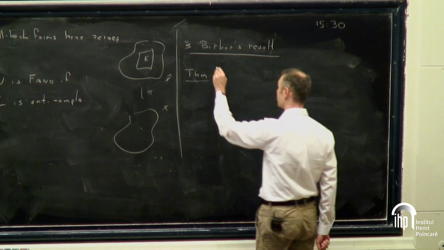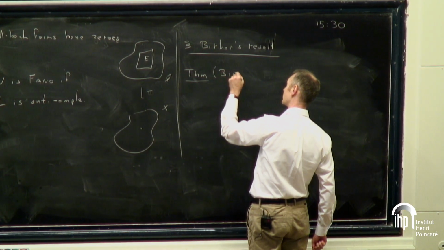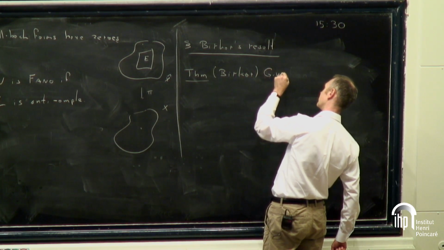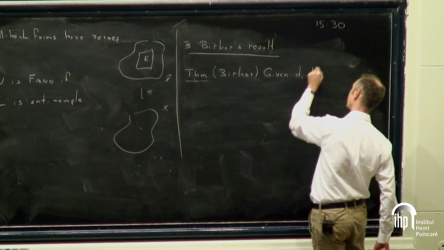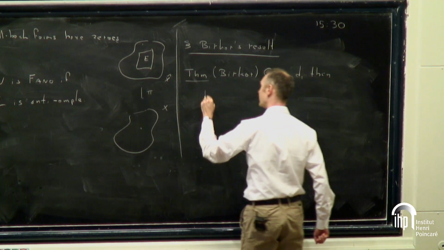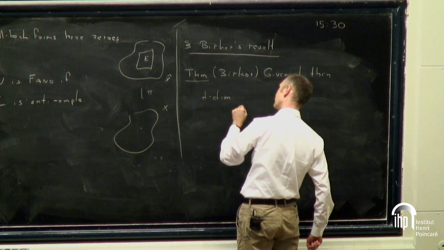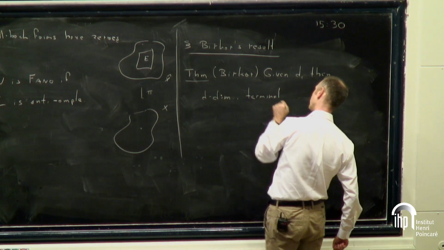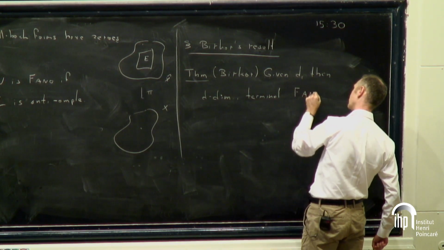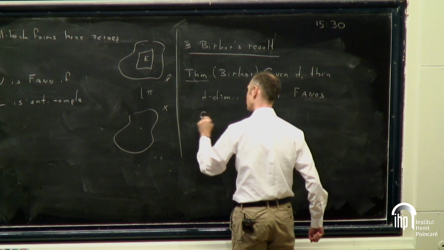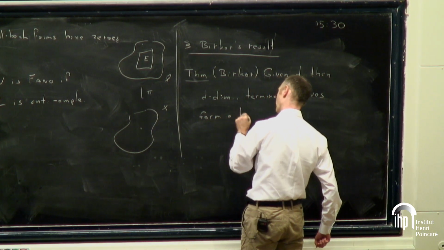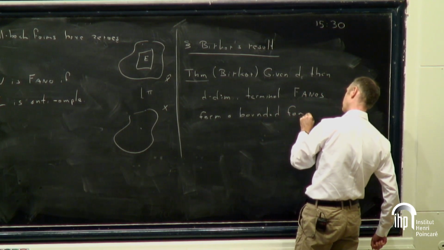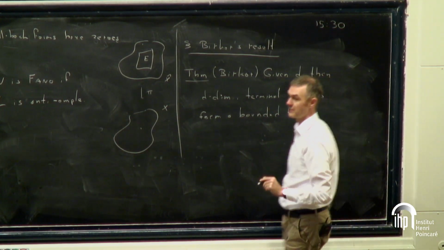That is, given d, then d-dimensional terminal Fanos form a bounded family.